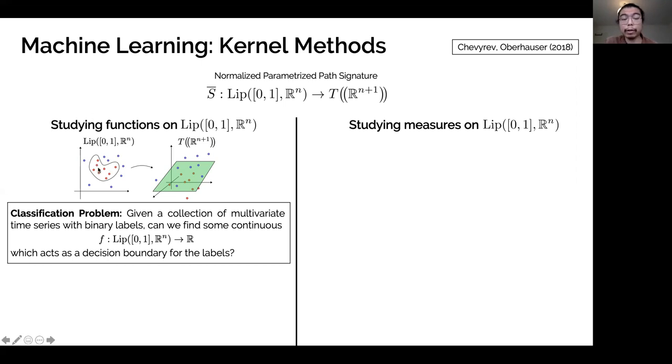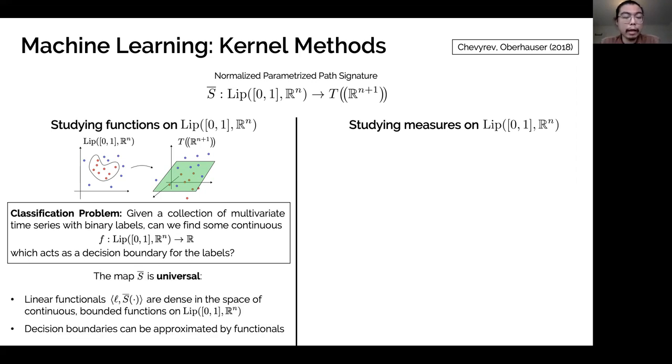So in this picture, I've just denoted this using red and blue. Can we find some continuous function on this input space into R that acts as a decision boundary for these labels? So a decision boundary we can think about as just the level set at f equals 0. So can we find some function that can separate these two classes of data with just this level set?